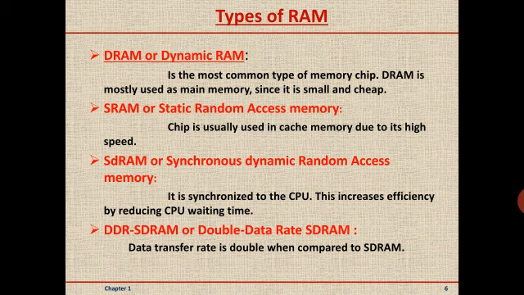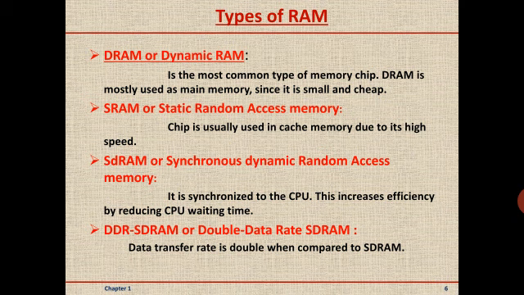Since it is synchronized, it is attached to the CPU, it knows when the next cycle is coming and has the data ready when the CPU requests it. Hence, it increases the efficiency by reducing CPU's waiting time.